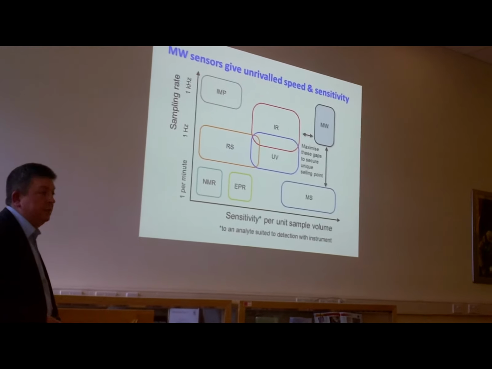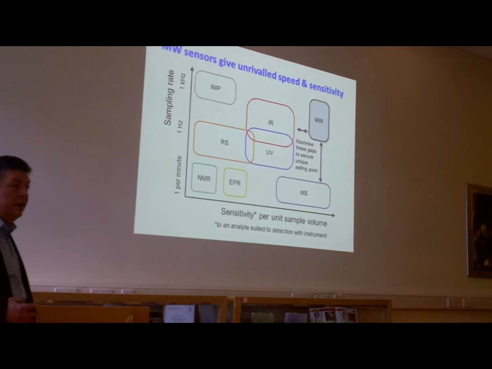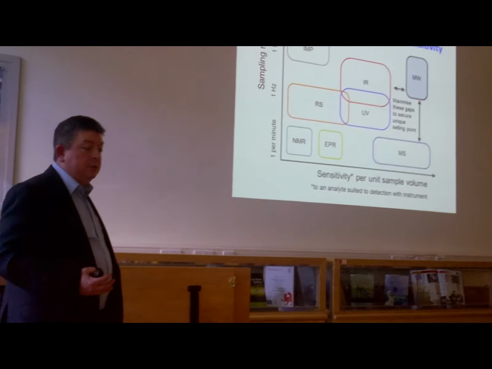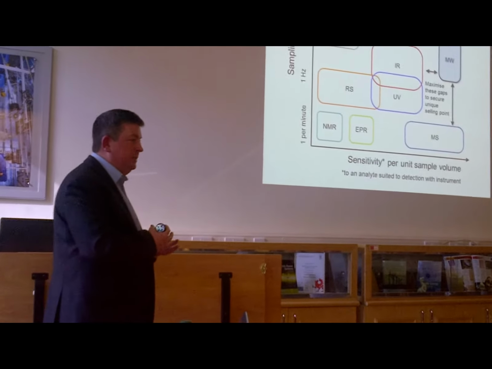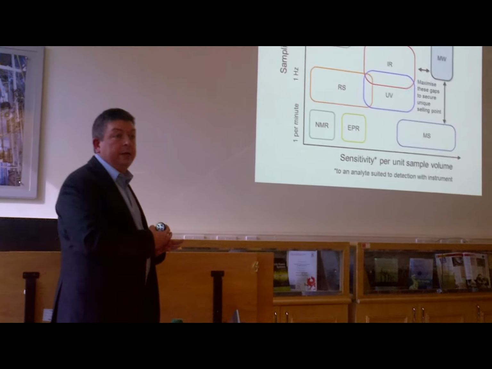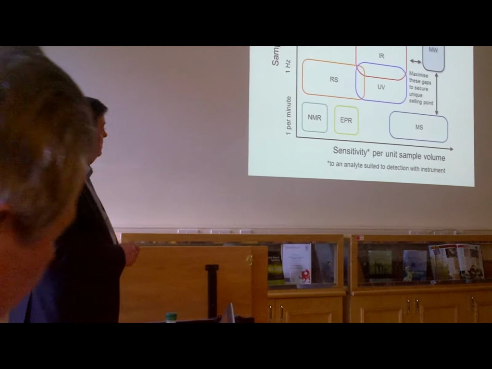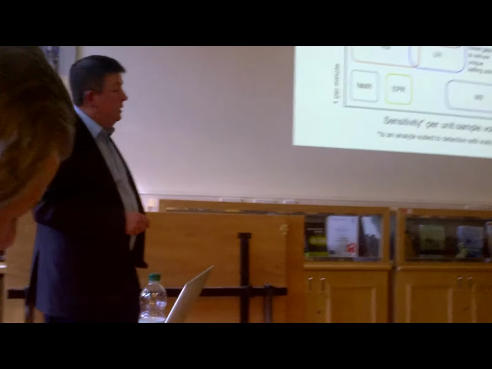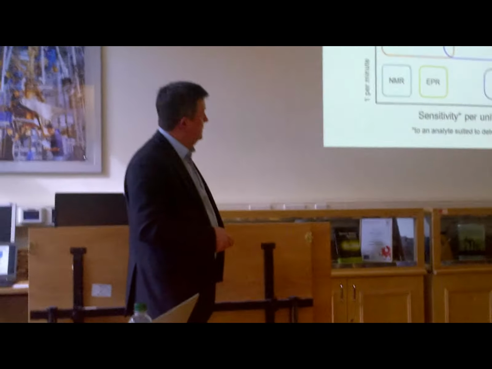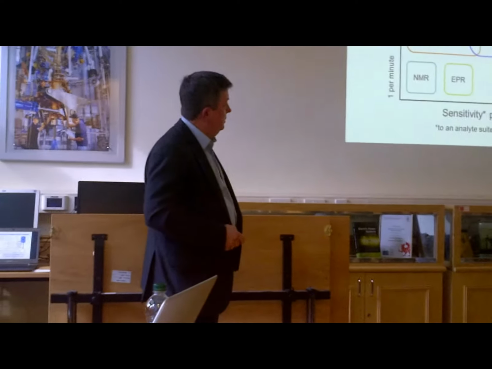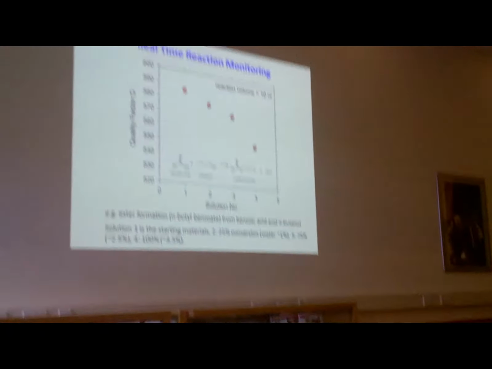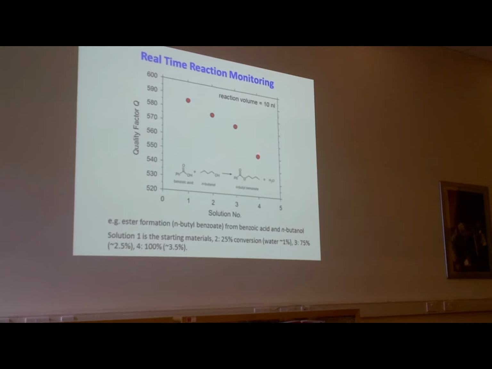But the nice thing about the microwave technique is that it's immensely sensitive. Because it's a resonant technique working off a high Q resonator, and we're working at gigahertz frequencies, so we can measure very small changes in frequency. The sensitivity is huge. The other thing, however, is that we can sample very quickly as well. So we push these measurements at sample rates of up to about, well, we can do 10 kilohertz very easily.